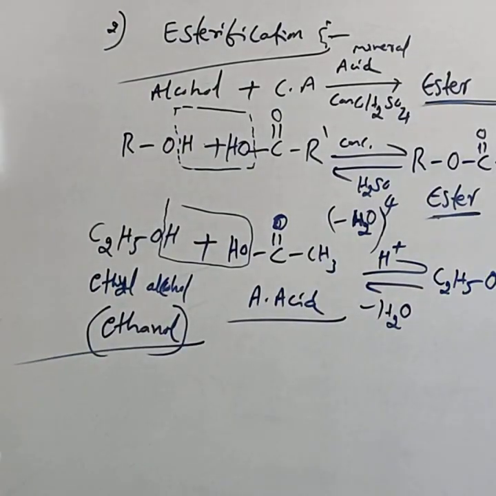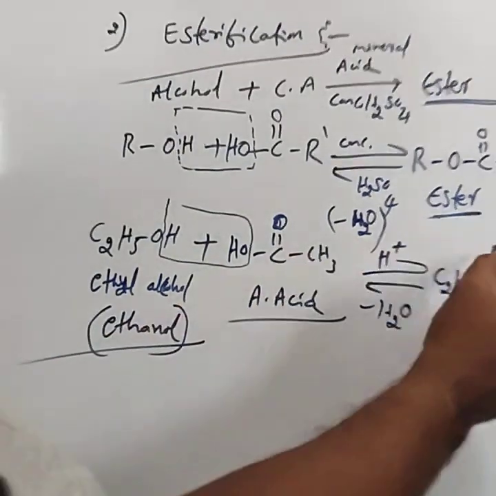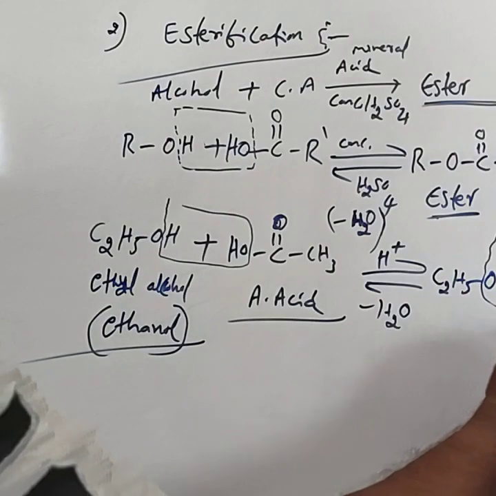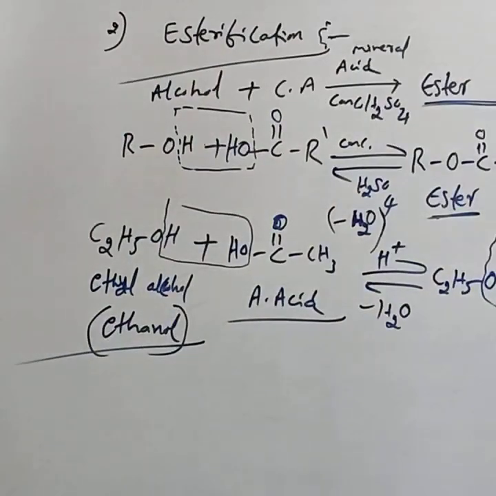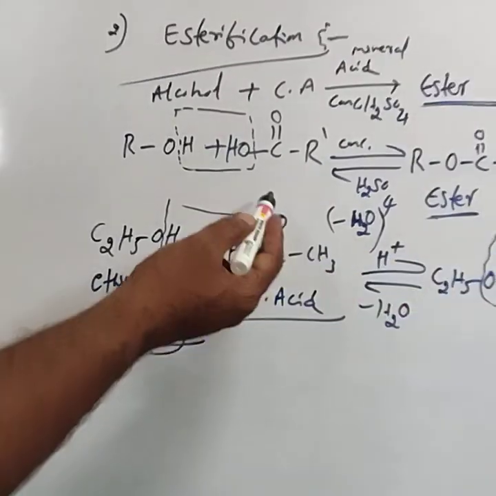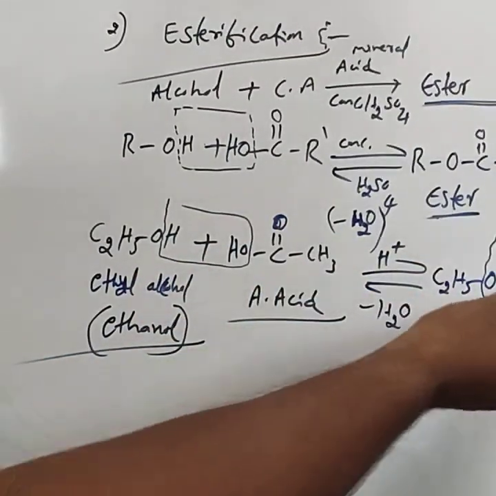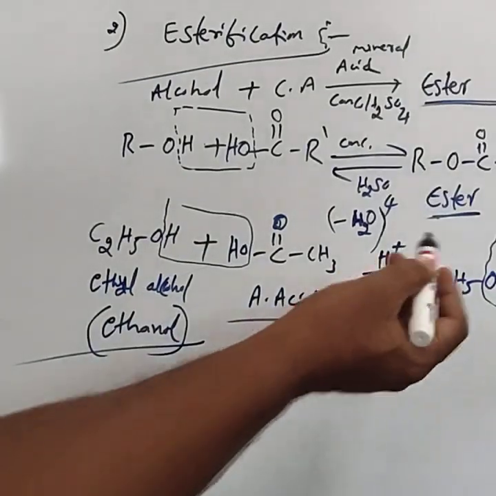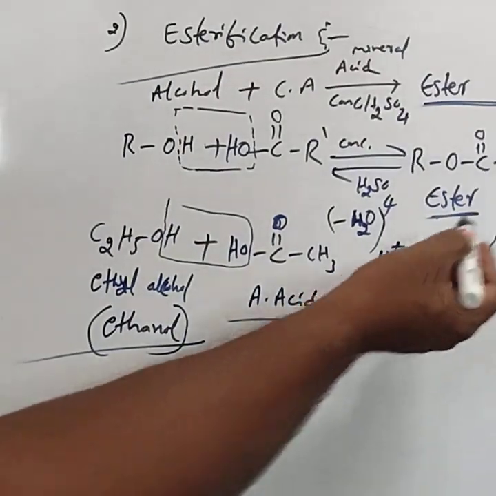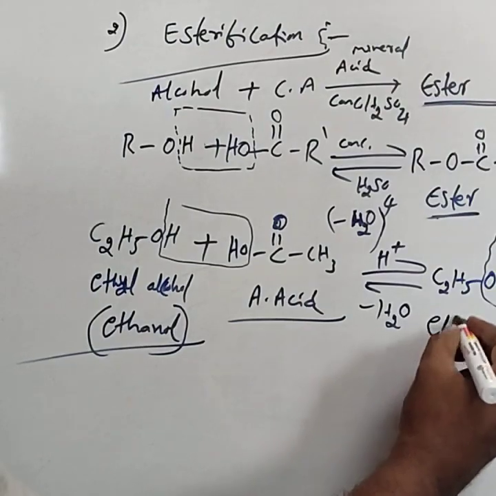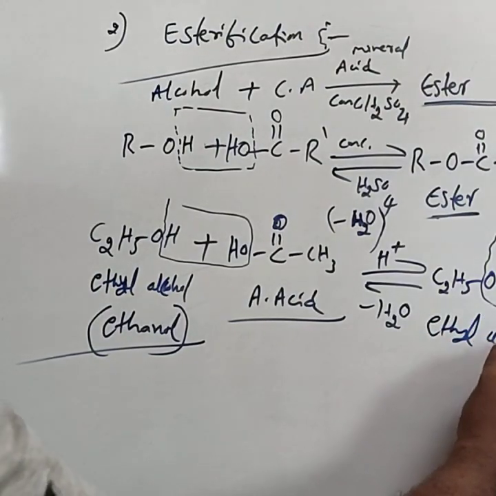Up to this part, CH3COO, we commonly call acetate. It is derived from acetic acid. If there is loss of H, then it is called acetate. This is called ethyl. Hence, the name of this compound is ethyl acetate.